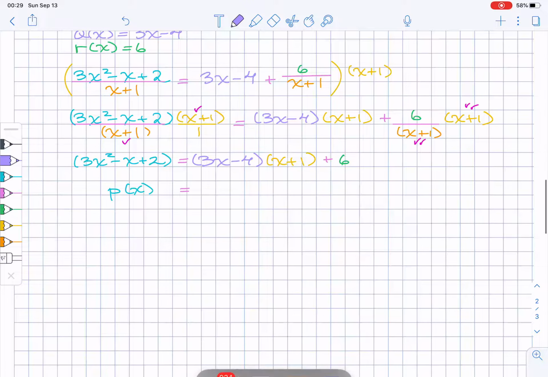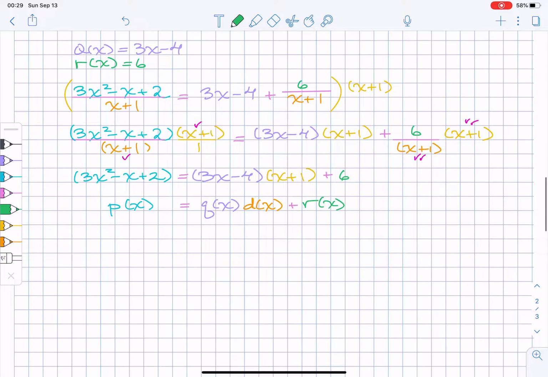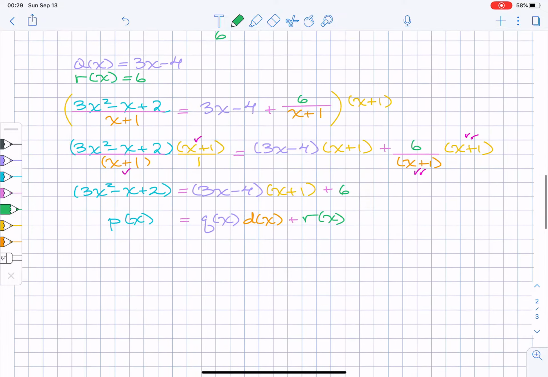The purple guy is our quotient. The yellow guy now is our divisor, so I'll call this d of x, plus the green guy is our remainder, r of x. So we could also write division like so, if you care. This was just an aside.